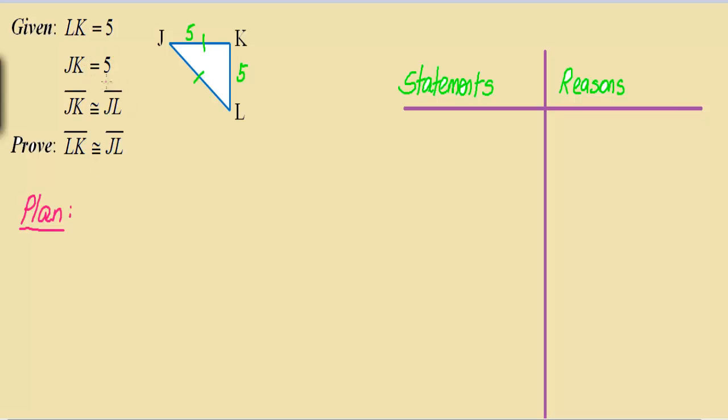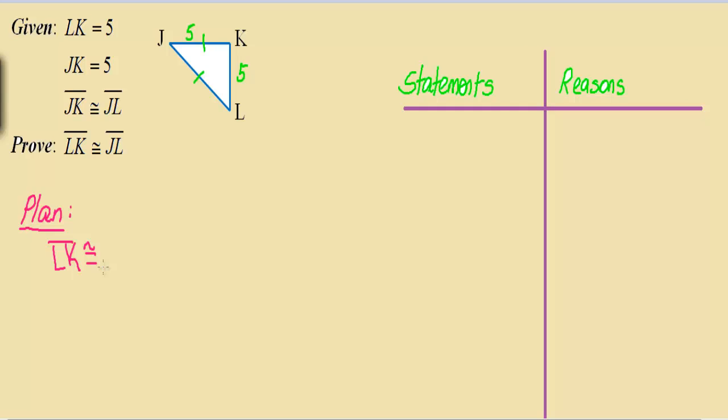If LK is equal to 5, and JK is equal to 5, they have the same measure. So right away what pops in my head is that those two segments are congruent. So I'm just going to state that here. We're not writing our two-column proof yet, right? But I'm just making a plan of how I'm going to reach that conclusion.